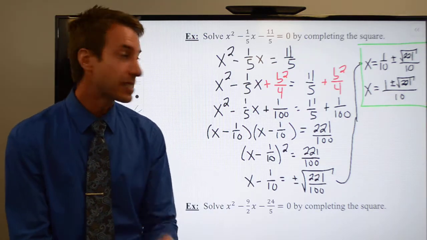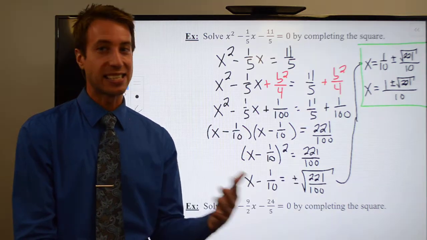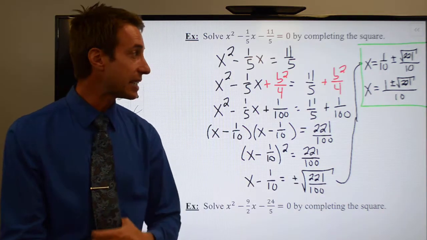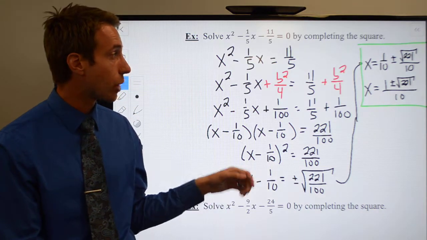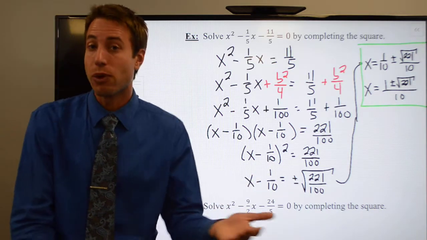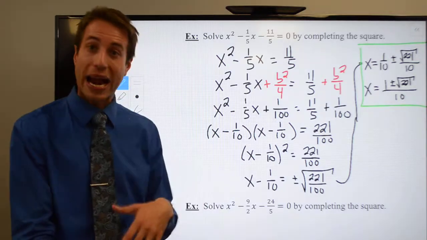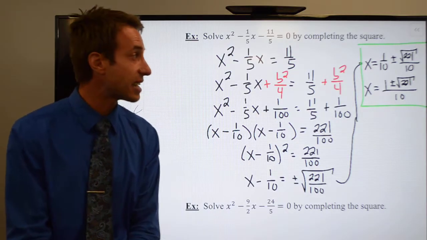But again, the point is, not the nice, neat answers that we had been getting, but still a perfectly legitimate answer to this question. And remember, it represents x-intercepts. This is where your parabola is going to cross the x-axis.